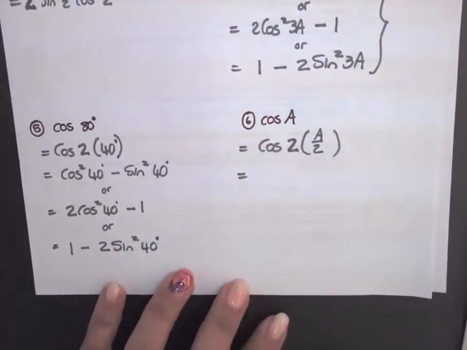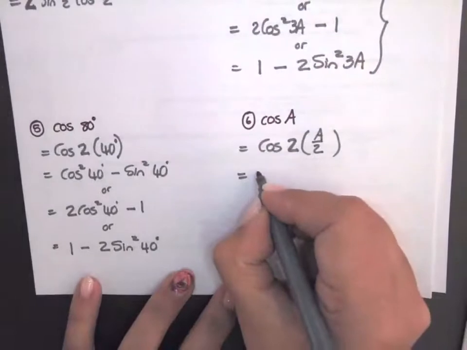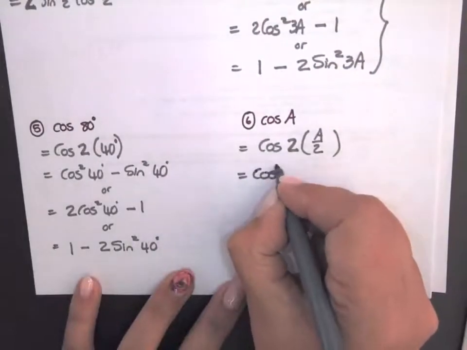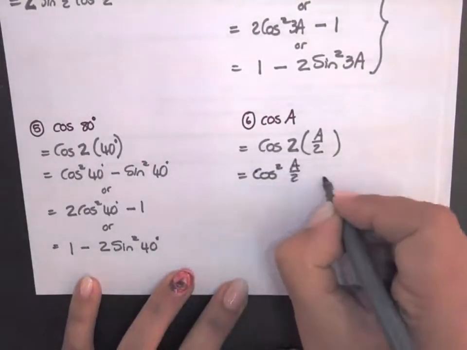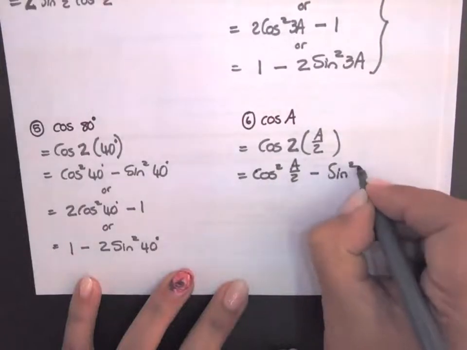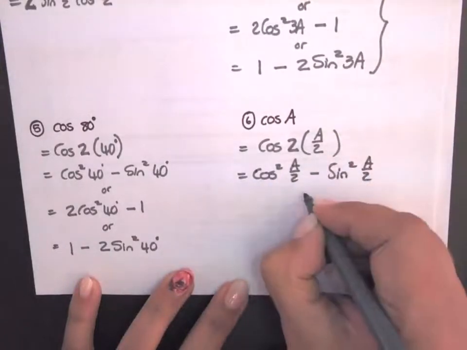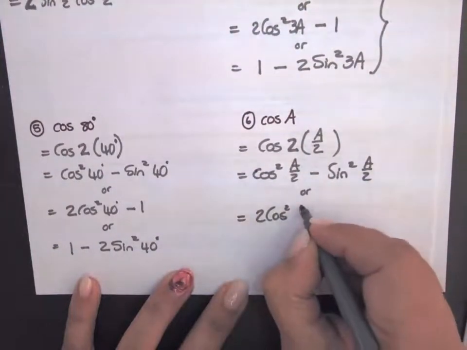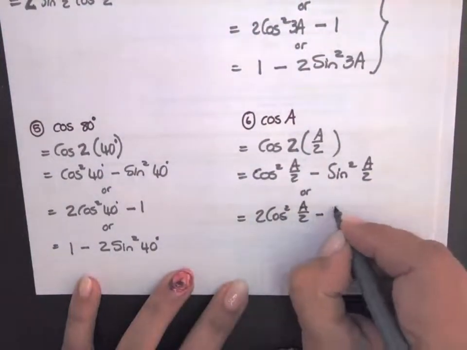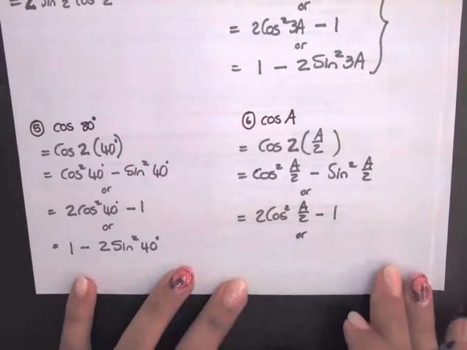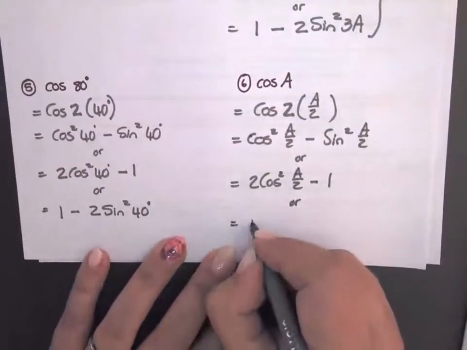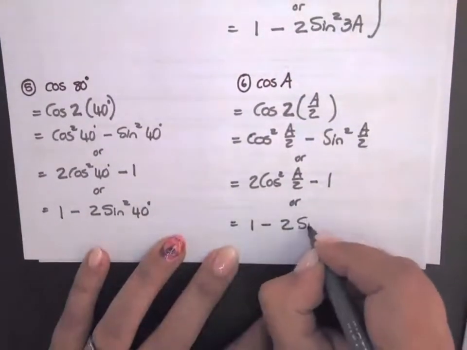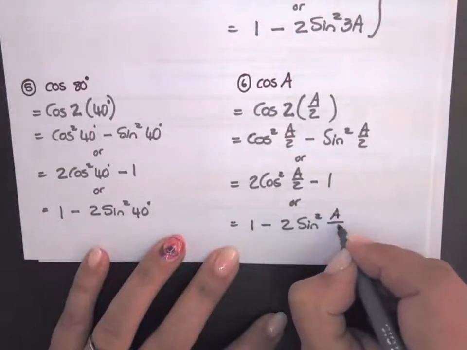So we use our cos pattern. Cos squared A over 2 minus sine squared A over 2, or 2 cos squared A over 2 minus 1, or 1 minus 2 sine squared A over 2.